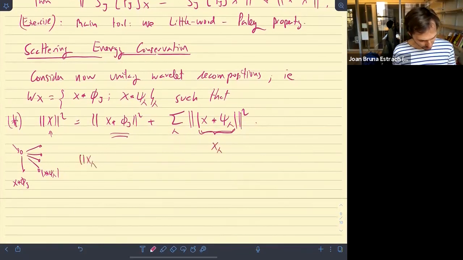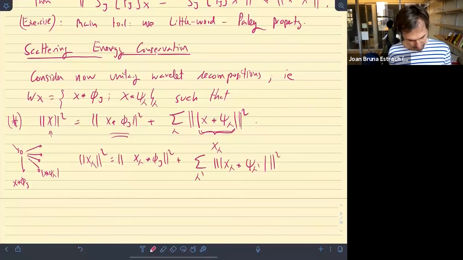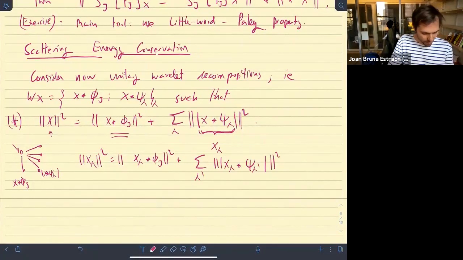I can look at x lambda squared and write it as x lambda convolved with phi j squared, plus the sum over lambda prime of x lambda convolved with psi lambda prime squared. And you see where I'm going. Now I can call this x lambda lambda prime, and then I keep going.